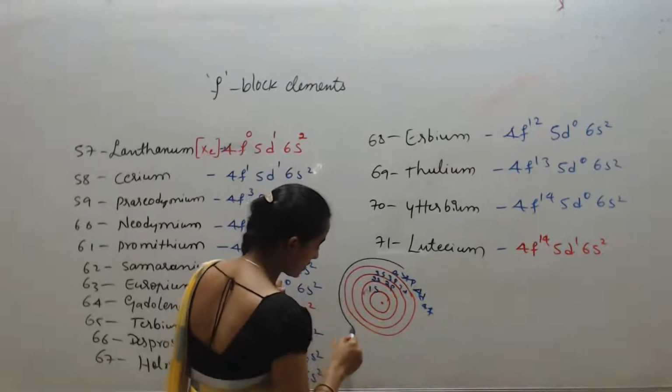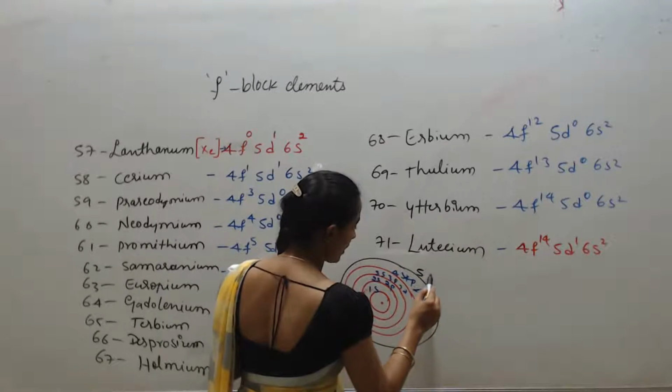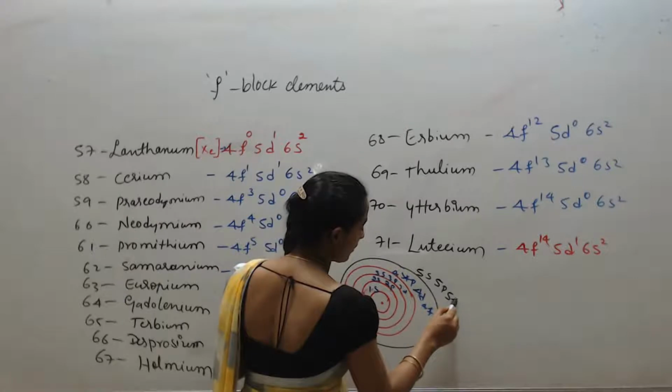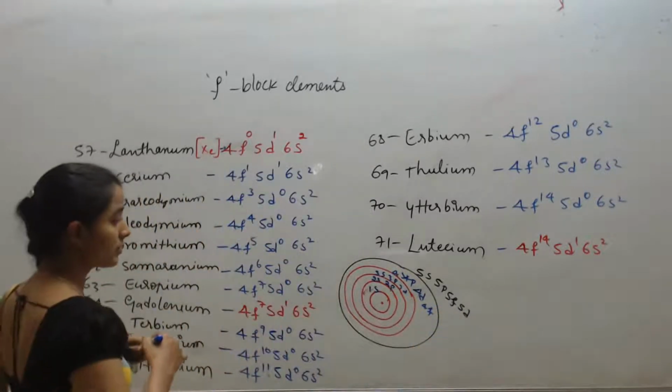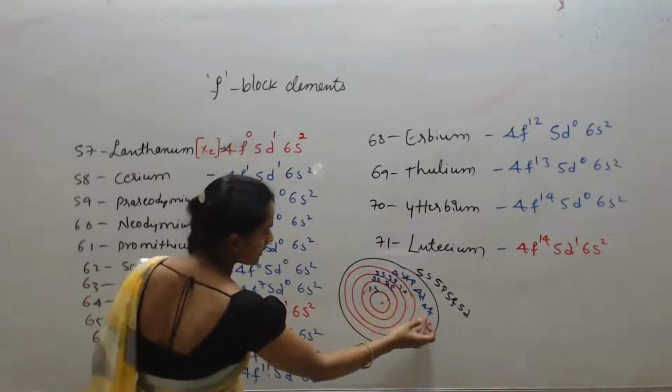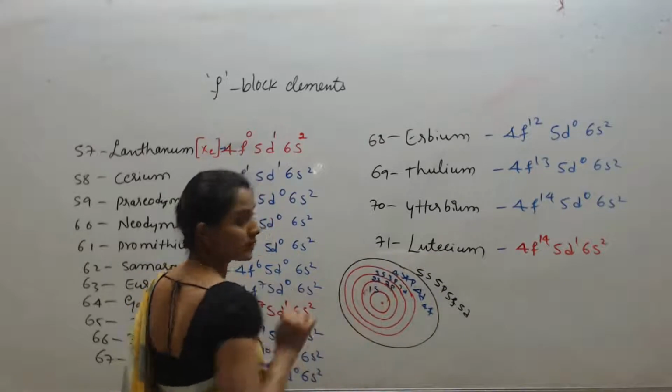Next one I write is the outermost configuration: 5s, 5p, 5d, 5f. You just remember this thing, why I am writing this, students. So listen, here this is 4f series. After that 5d is there. After that 6s is there.